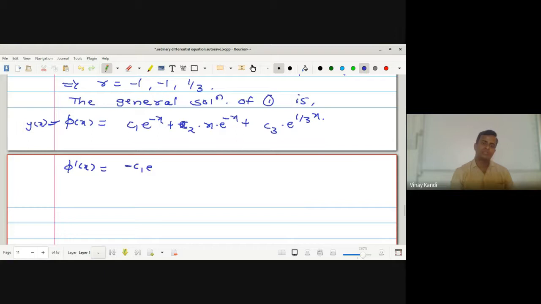Minus c1 e^(-x) plus c2 into the derivative, you will solve at home.